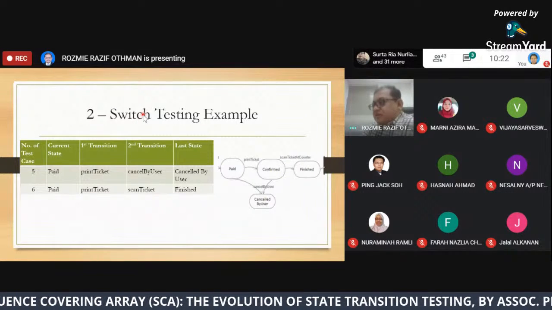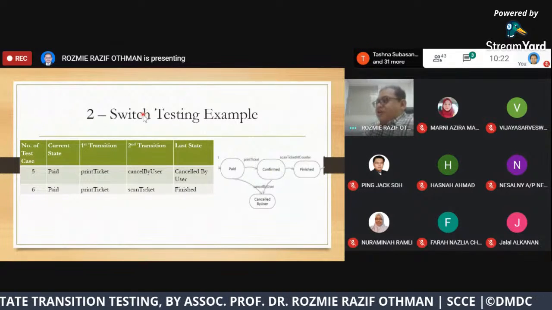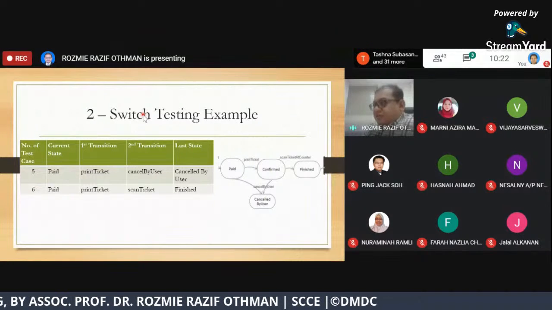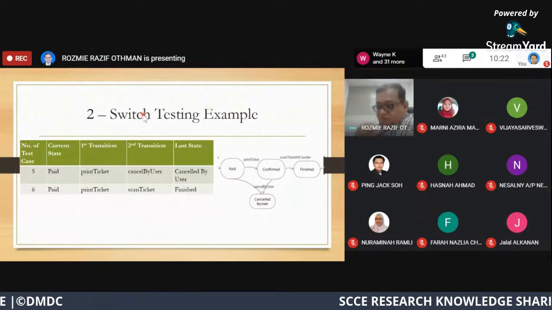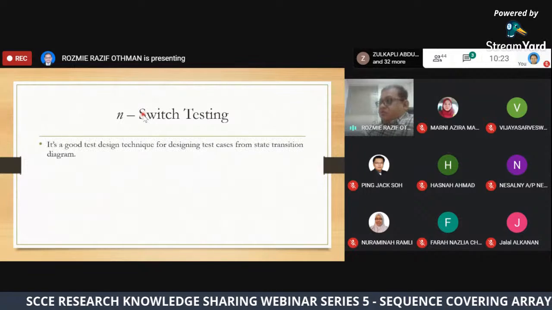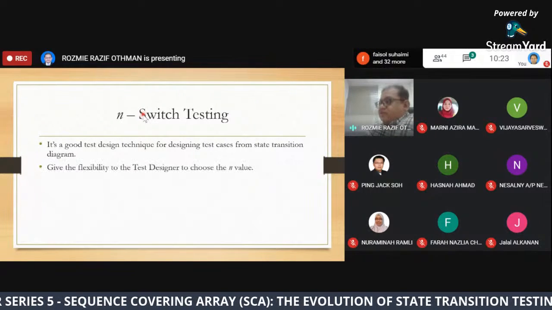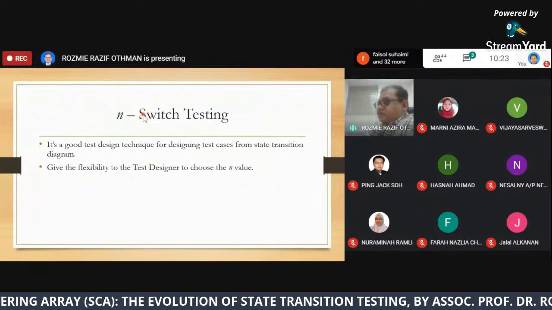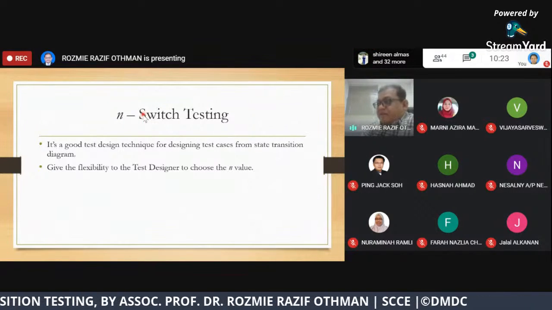But in general, we cannot conclude something like that. Sometimes we have more tests than one switch testing. So in general, we can say that N switch testing is a good test design technique for designing test cases from a state transition diagram.